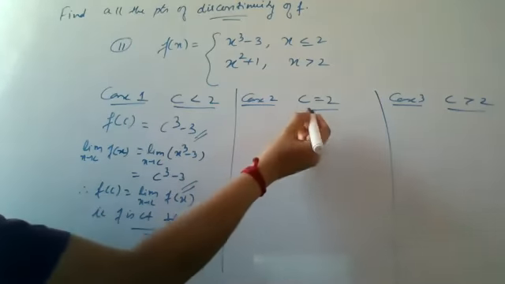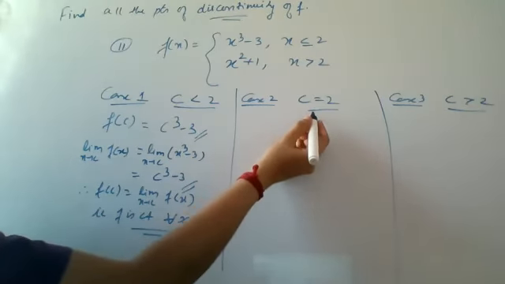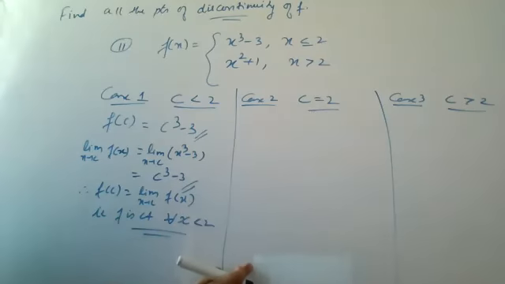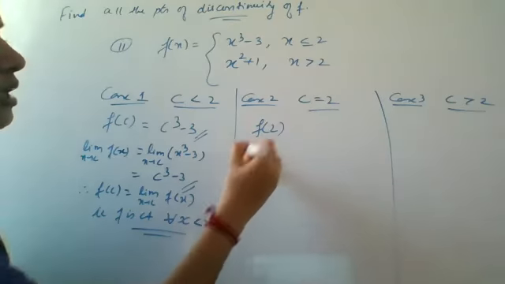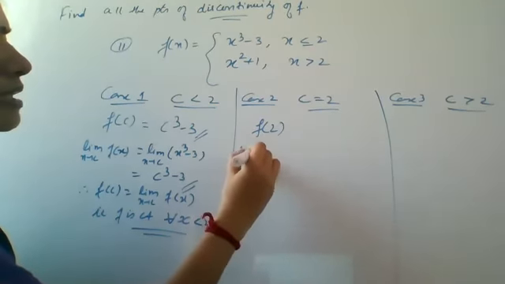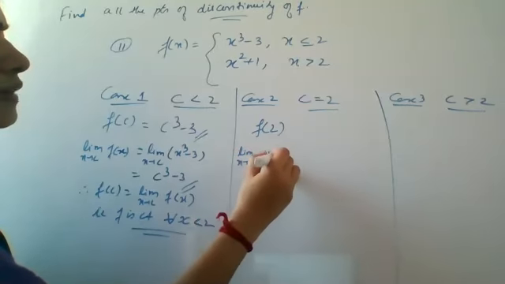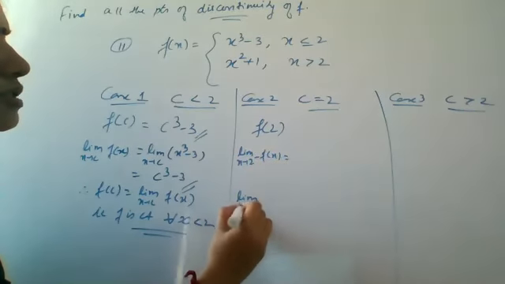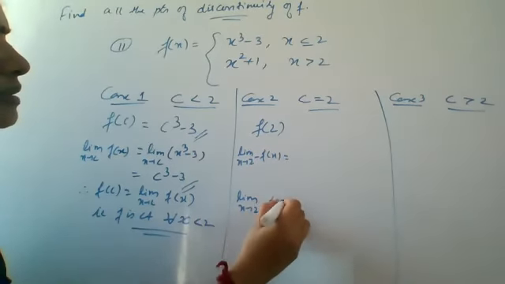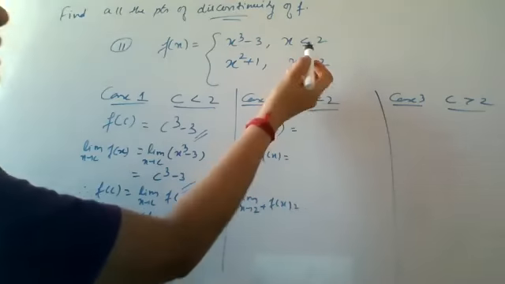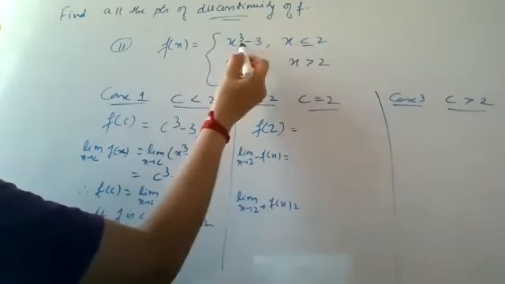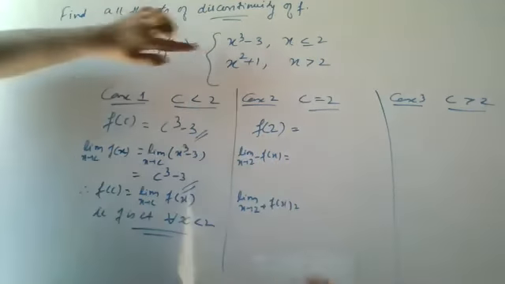Okay. Now when x is equal to 2 or c is equal to 2, you have to check for 3 points. That is, one is f of 2. The other one is limit x tends to 2 minus f of x and limit x tends to 2 plus f of x. f of 2 will be, wherever it is equal to 2, you have to take that function and replace x with 2.